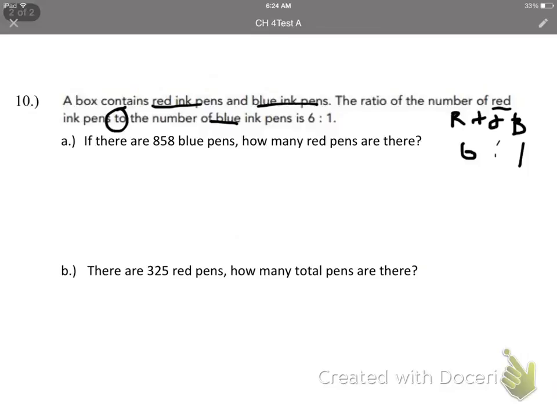So for A and B, I'm using a 6:1 bar model.